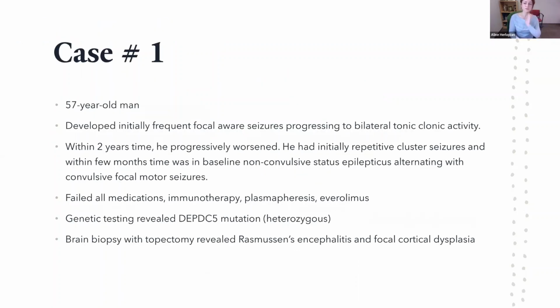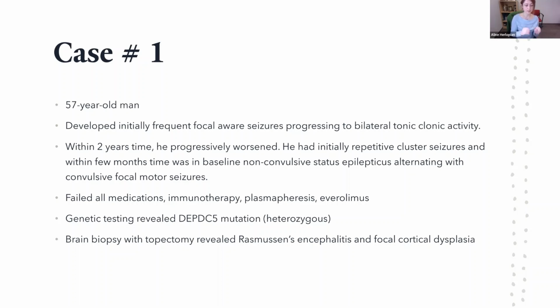So case one, just to show you how we have focal findings, but overall we have a global or regional network problem. This is a 57-year-old patient who has very focal seizures that progress to bilateral tonic-clonic activity. Over 2 years' time, his epilepsy worsened tremendously.